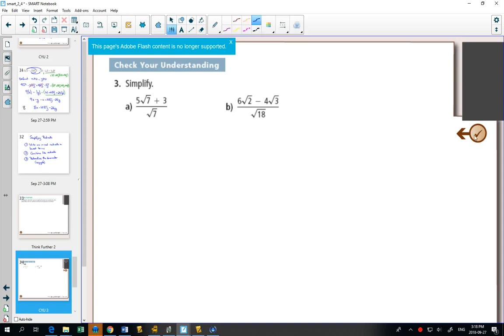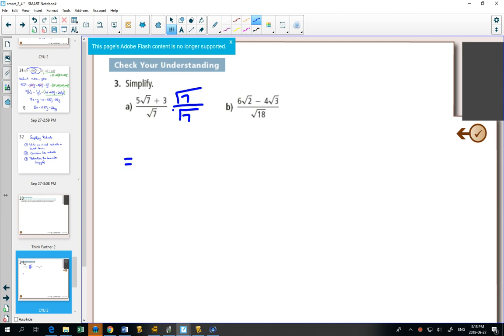How do I get rid of that square root in that denominator? I would need to multiply the bottom of the fraction by the square root of 7. If I do that, I would need to multiply the top of my fraction by a square root of 7. So I'm multiplying by 1. I'm not changing the value of the fraction, I'm just changing the way that it looks.